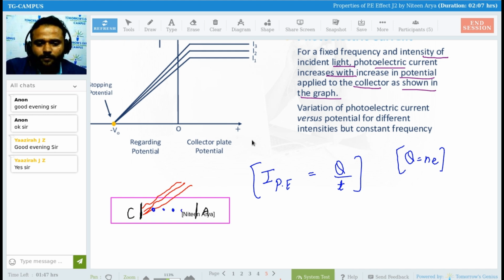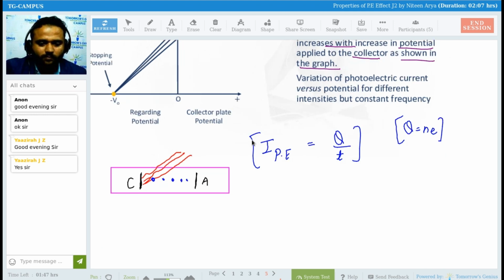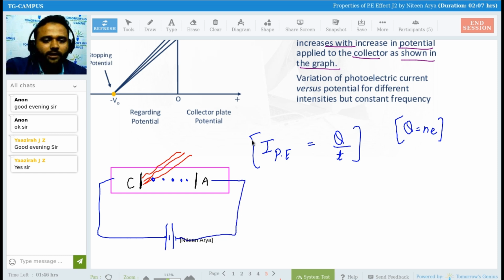But by applying a high potential, there is more negative charge and there is more positive charge. So obviously if I have more positive charge on plate A, the flow of electrons is going to be increased, isn't it?